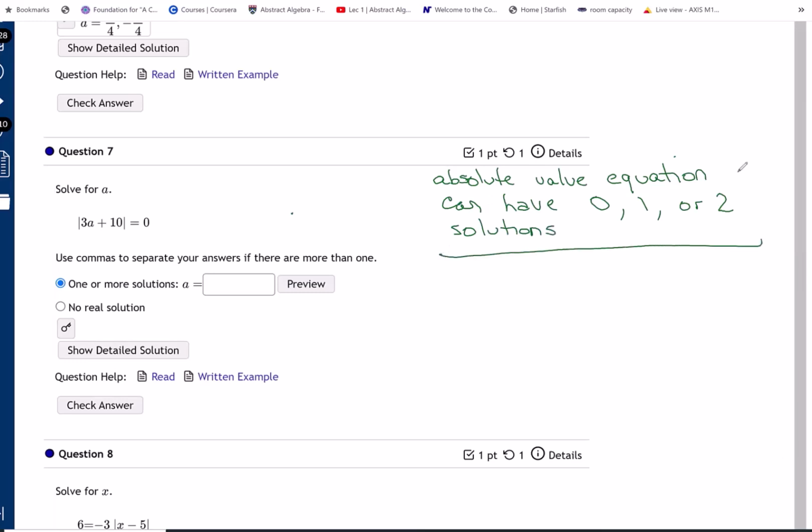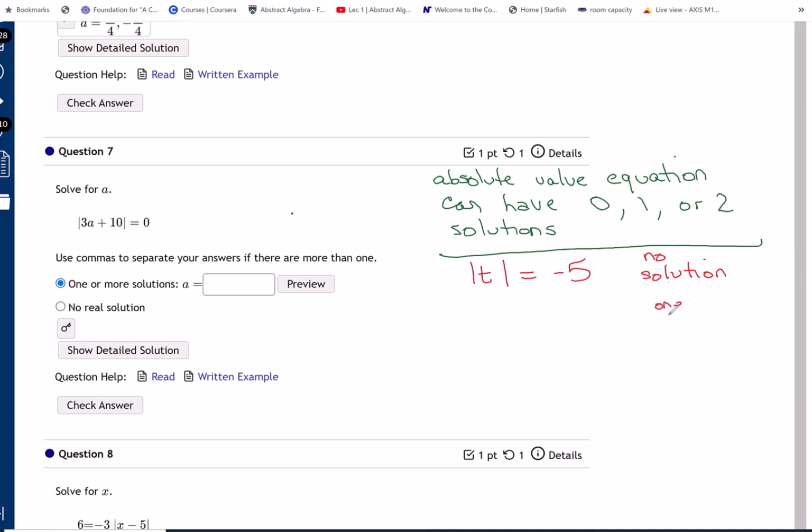When do they have 0 solutions? If I said the absolute value of t is equal to -5, this has no solution, because no matter what I put in for t, when I take the absolute value, it becomes positive, and a positive number can't equal a negative number. No solutions, or 0 solutions. I can have 1 solution.